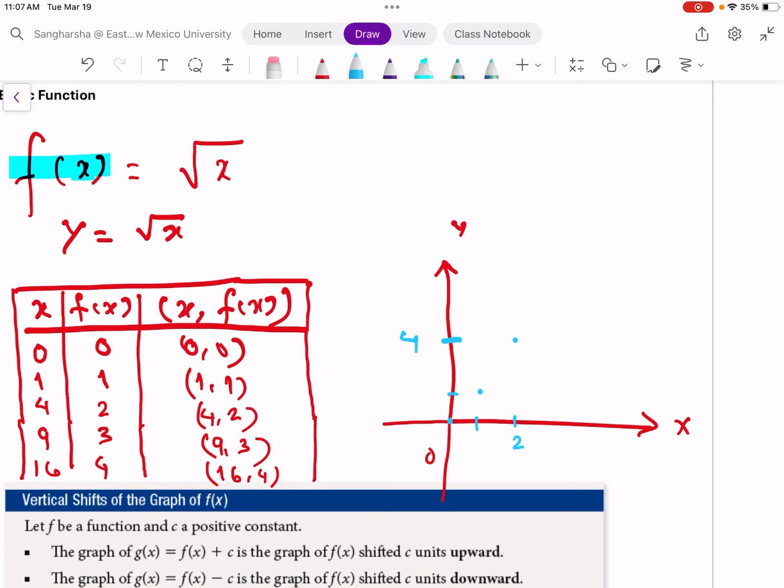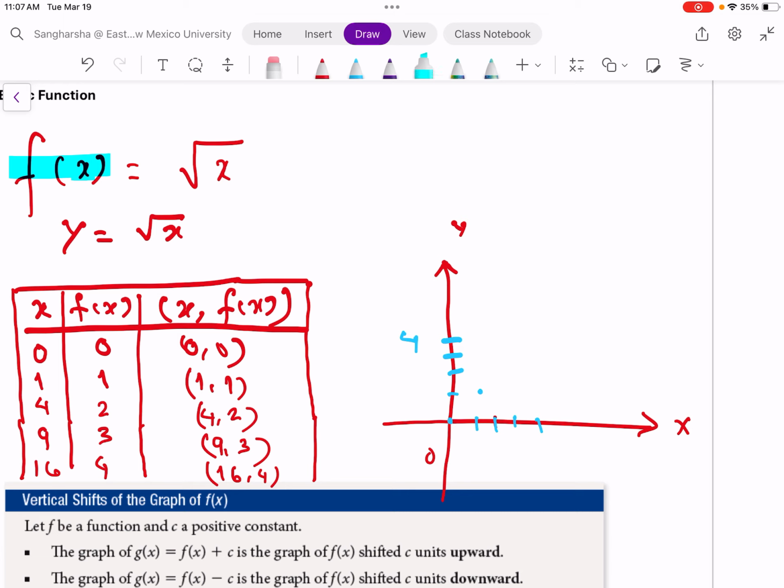The next point is (4, 2), right? Okay. So 2, 3, 4. This is 2, 3. So we have (4, 2).